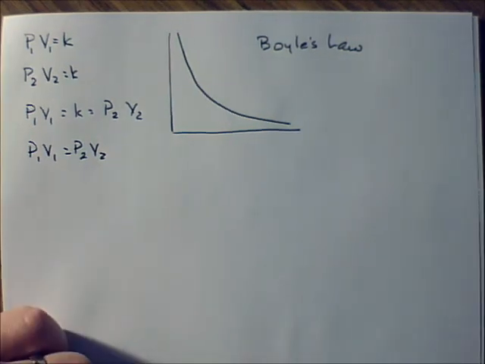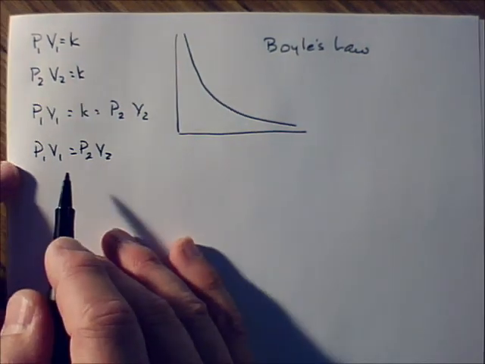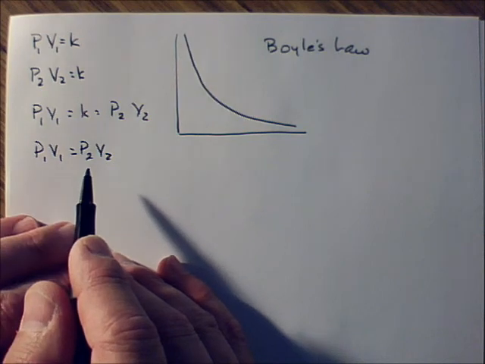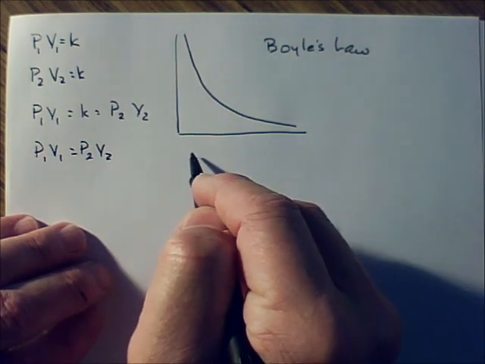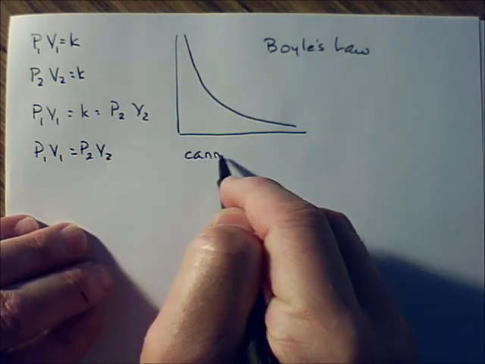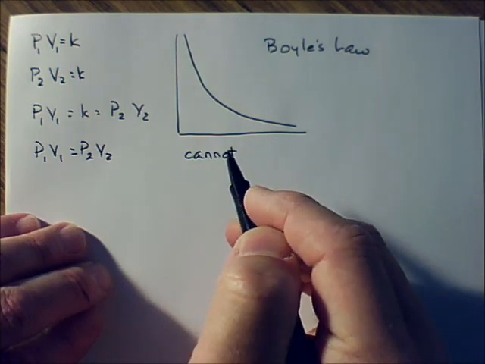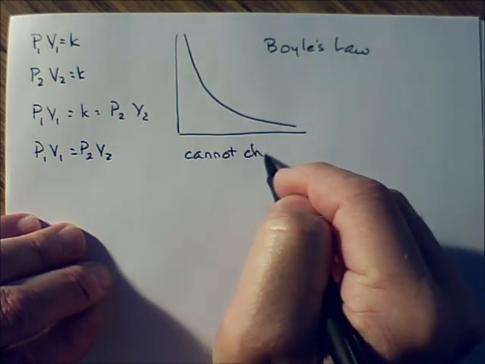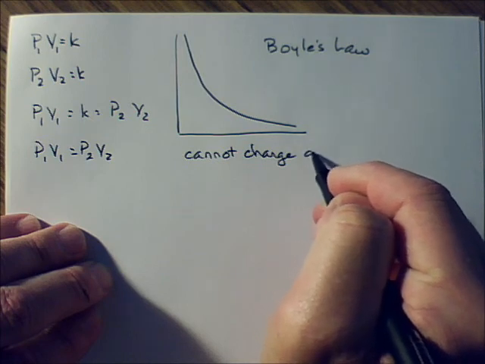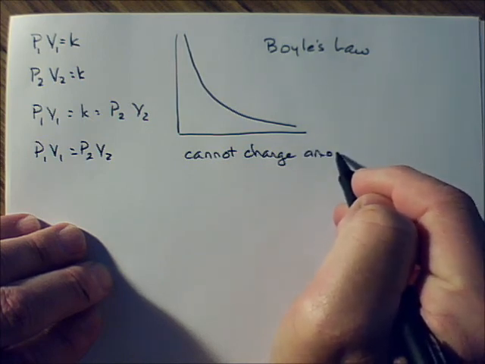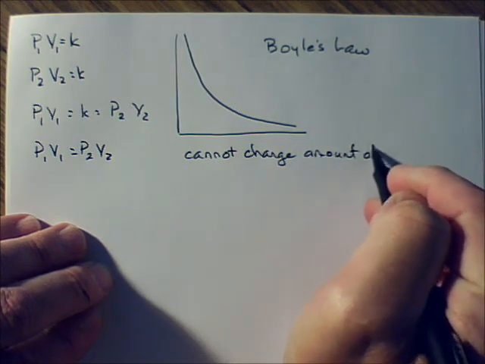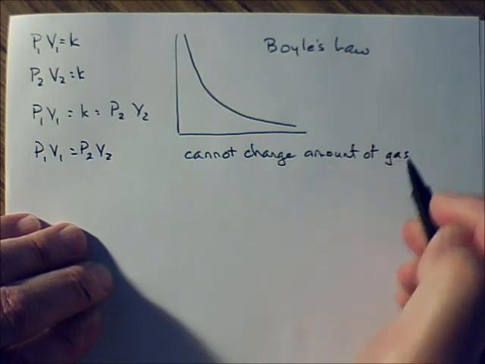Okay? Now, there are a couple of caveats here. You cannot change... What does caveat mean? It's kind of an if and only if kind of statement. It's Latin. You cannot change the amount of gas. That's English. Okay?